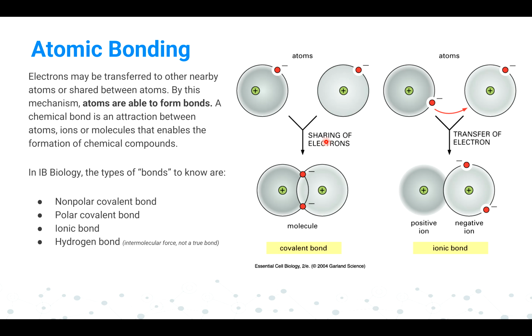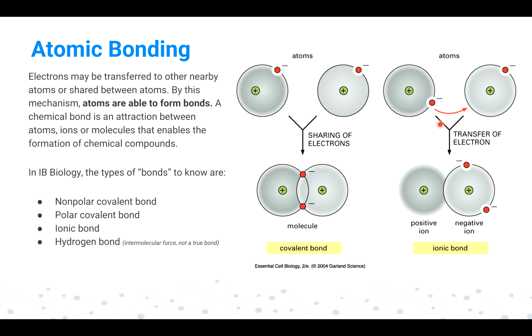So sharing of electrons takes place in non-metals, like H2, N2, Cl2, then F2, I2, Br2, right? All these atoms are non-metals and they make a covalent bond.